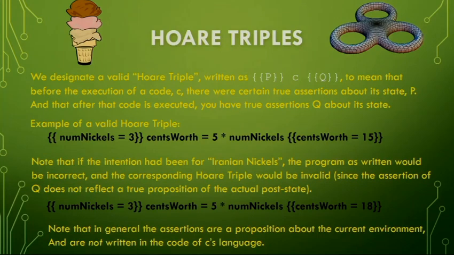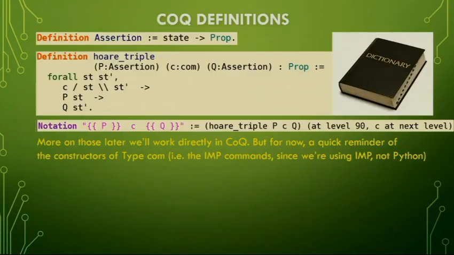So this is not Python code. When we actually get to Coq, this right here is still Coq, but it's Coq's version of running programs. And then this right here will actually be states.